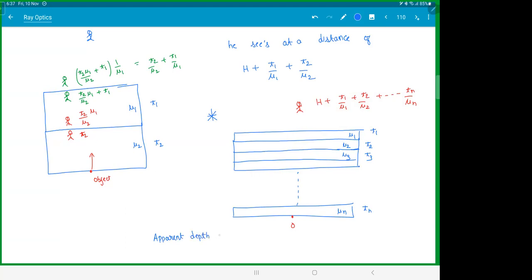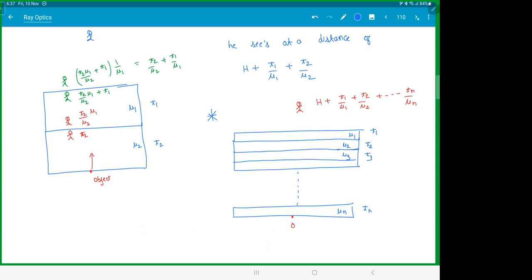The apparent depth will be h plus sigma ti by mu i. Check it out. We can make this even better. Let's say mu m is also there. Surrounding is filled with a medium mu m.